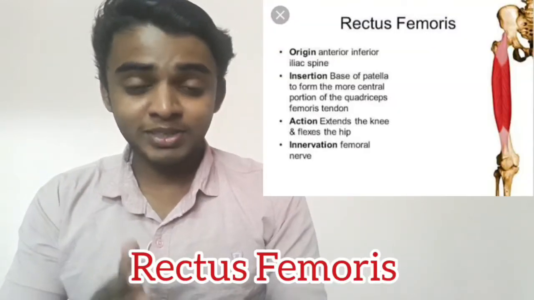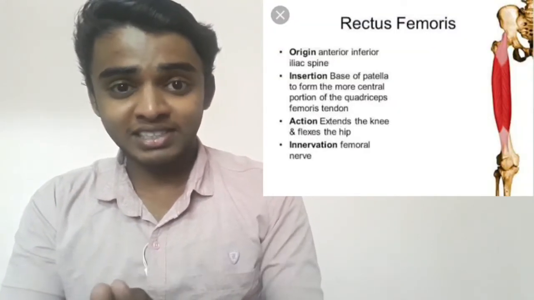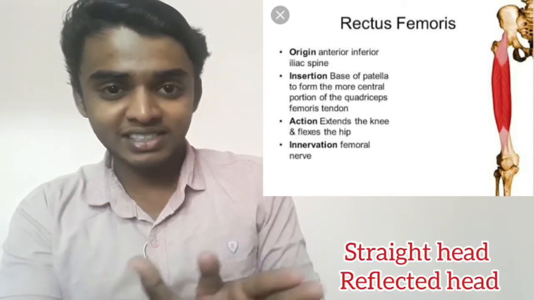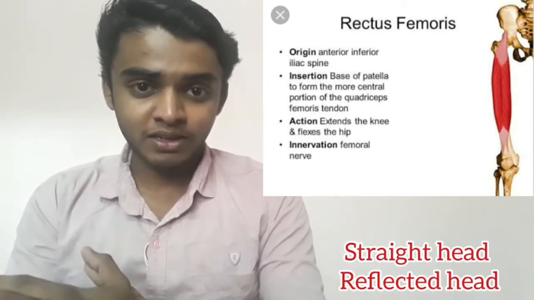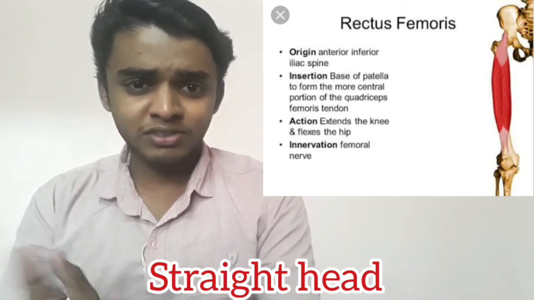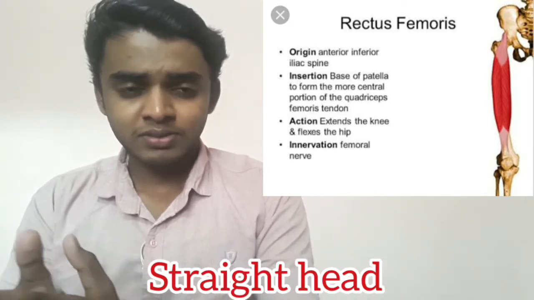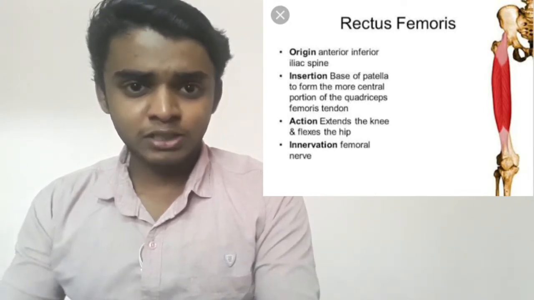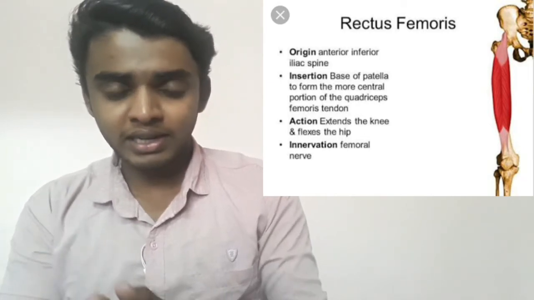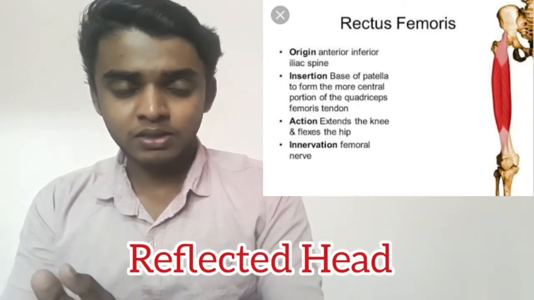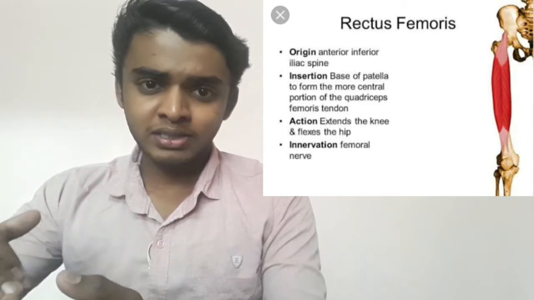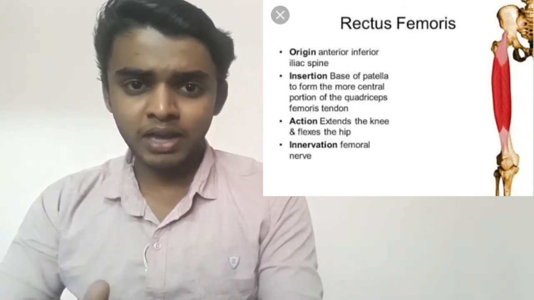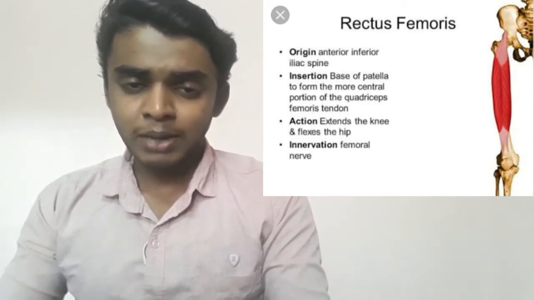Next muscle will be the rectus femoris. When we see, the rectus femoris has two heads, a straight head as well as a reflected head. So the straight head takes its origin from the anterior inferior iliac spine, and the reflected head takes its origin from a point just superior to the acetabulum and also the capsule of the hip joint.